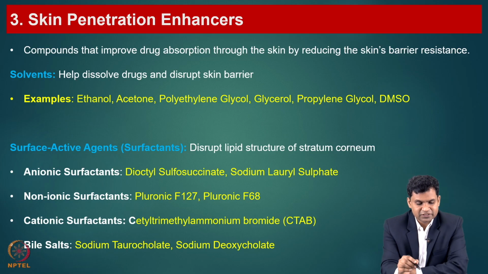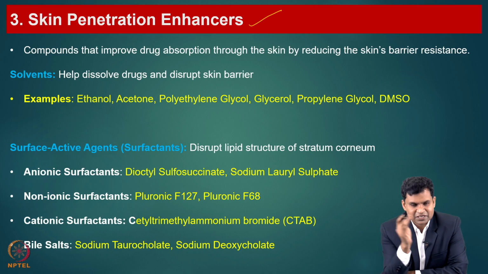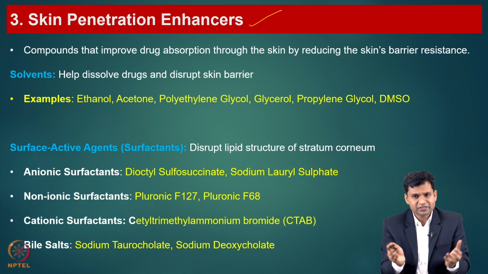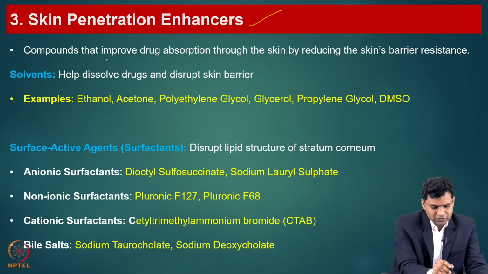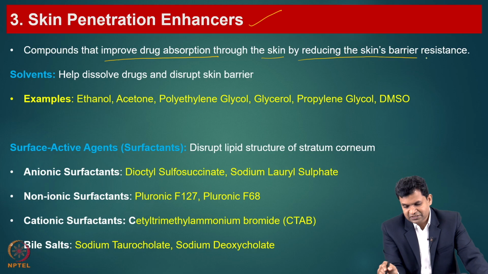Now, the third component is skin penetration enhancers. We have already discussed skin penetration enhancers in our previous lecture on the factors affecting permeation. We studied that these are the compounds which improve drug absorption through the skin by reducing the skin barrier resistance.